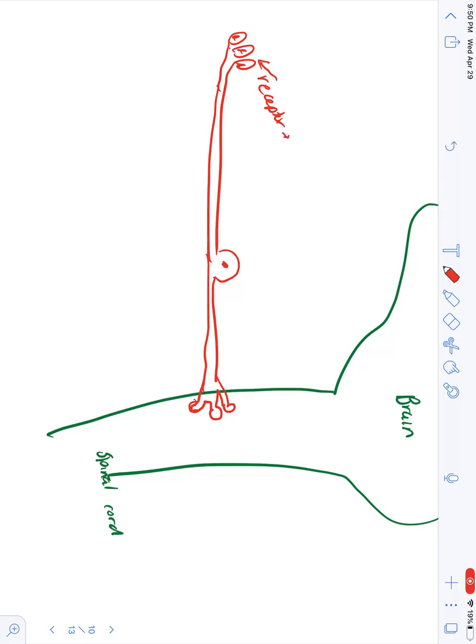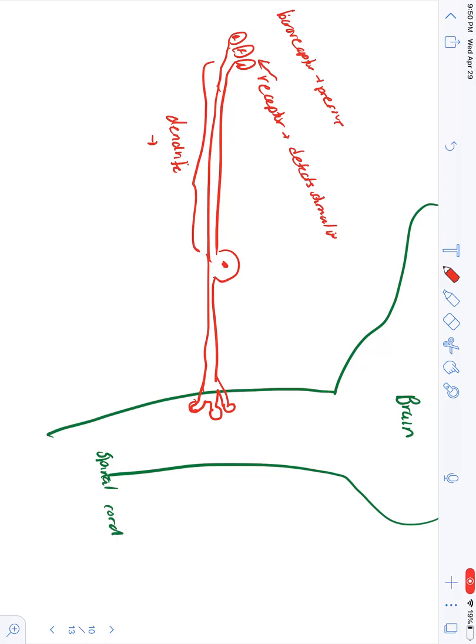You already know this is the receptor, and the receptor detects a stimulus, which could be a pin or heat, right? This receptor will send the signal of that stimulus. Let's say this was a baroreceptor, which detects pressure. That signal will be sent from the receptor, and it will go down this structure here called a dendrite.